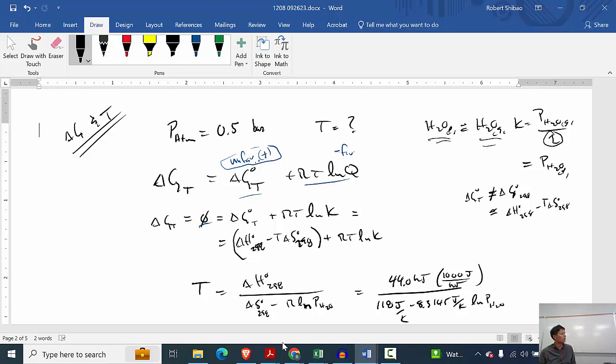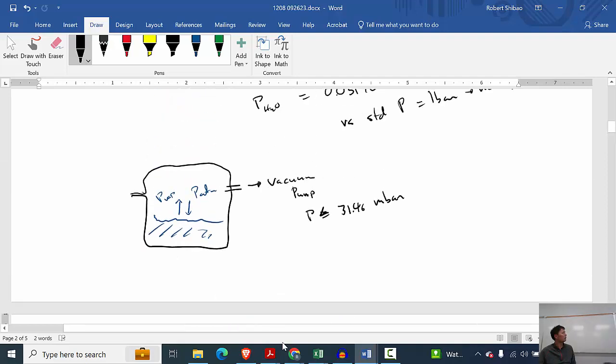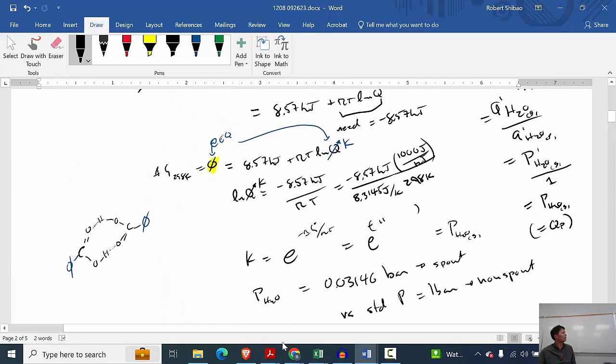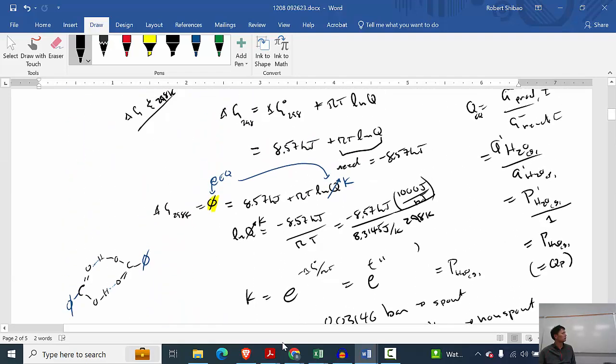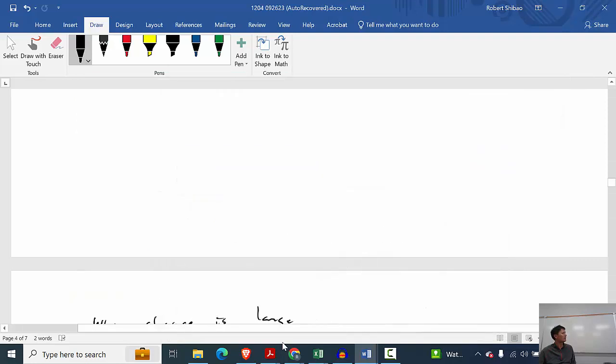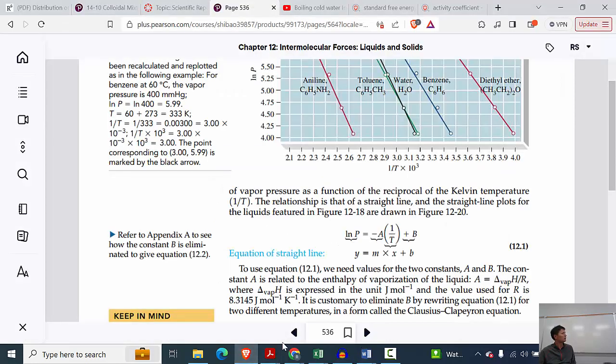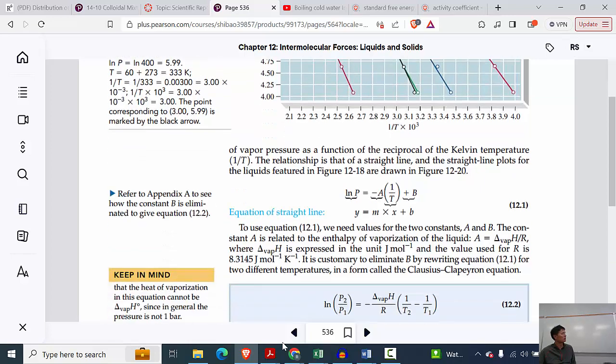And so this is our ln K, which is ln P. Is it up there more? Yeah, here it is. So we have this, K is P. So we have an equation like that, which is similar to this equation here, with the intercept.